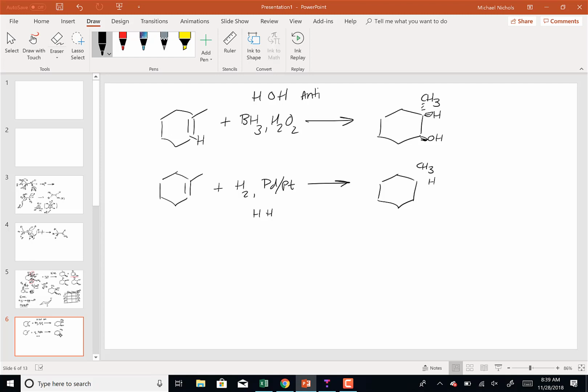So that means I'm adding two H's. Cis, trans, 50-50. Cis. So again, they get the same wedge, regardless of whether it's bold or dashed. So then that would be the major product of the reaction.